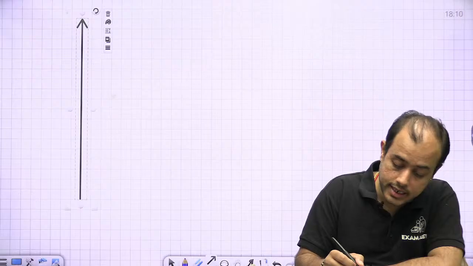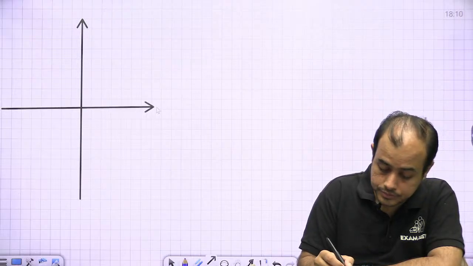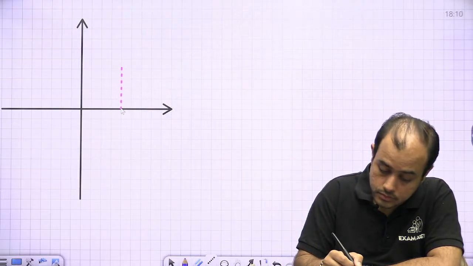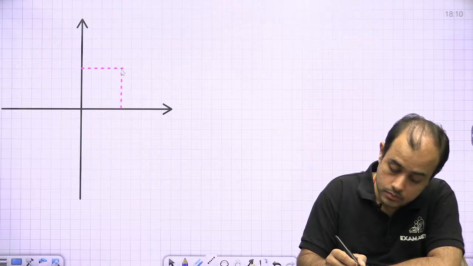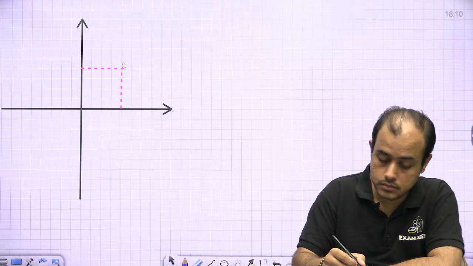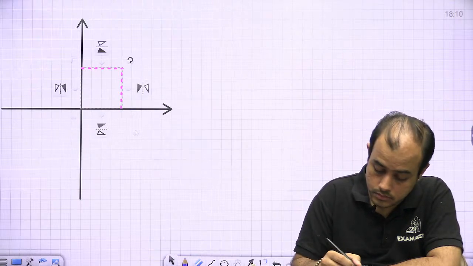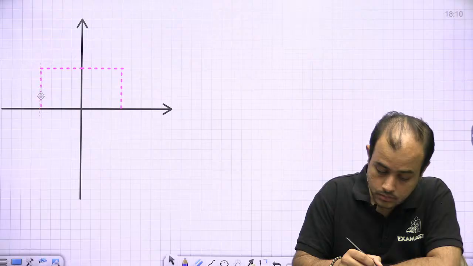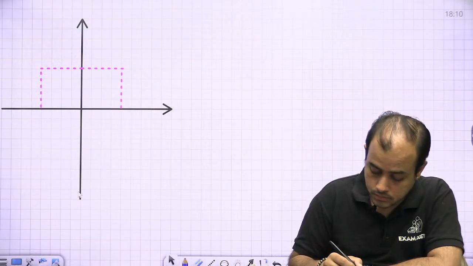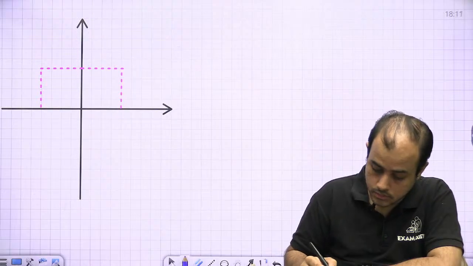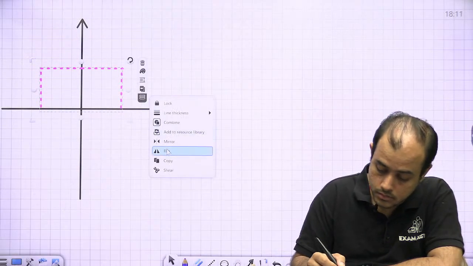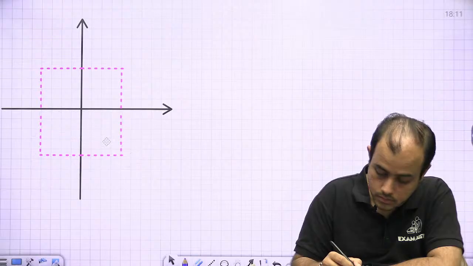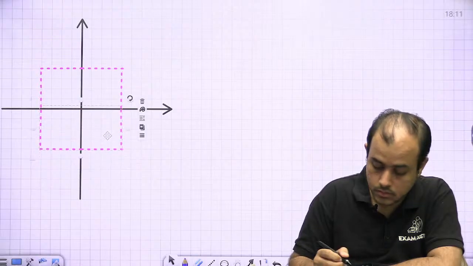So there are 3 image charges that we have to take. ठीक है.